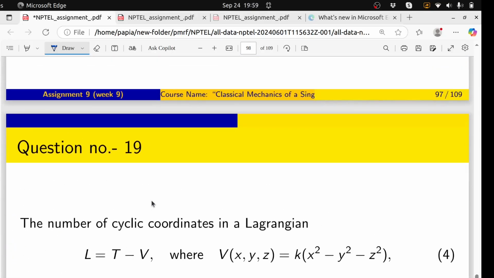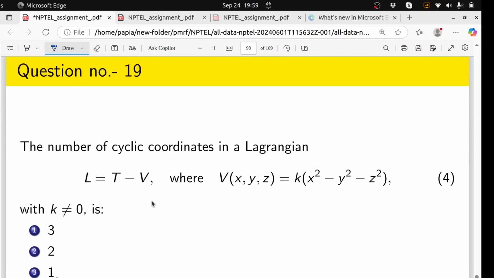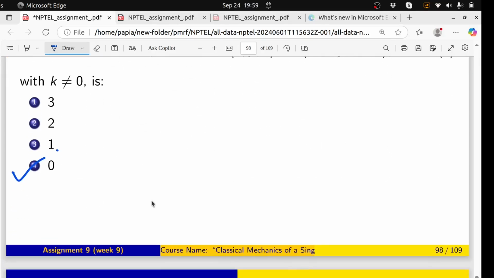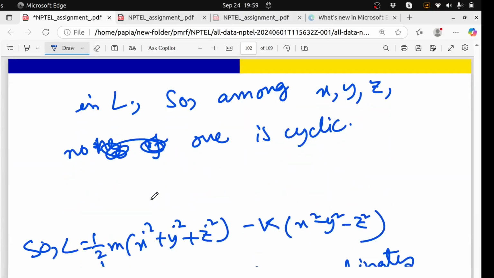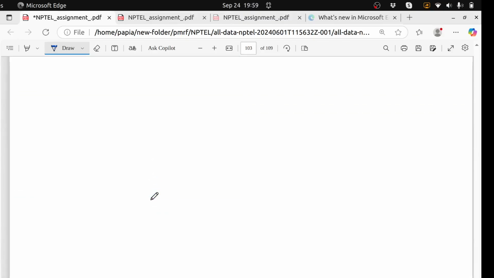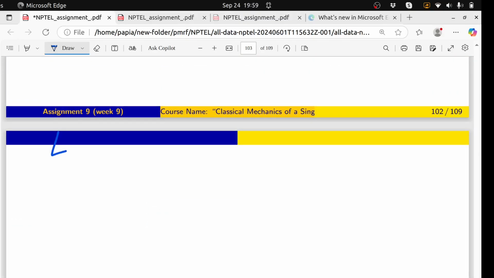The number of cyclic coordinates in the Lagrangian L equals T minus V, where V of x, y, z is k(x square minus y square minus z square), with k equals 0. If k equals 0, then all the x, y, z are cyclic. Let me write here also. Our L was this.